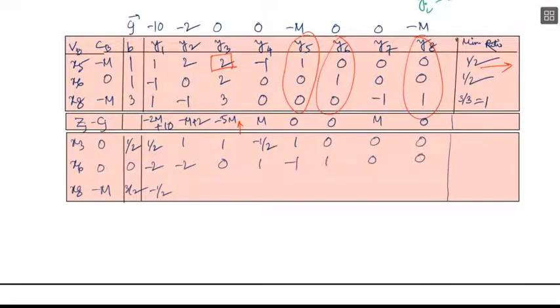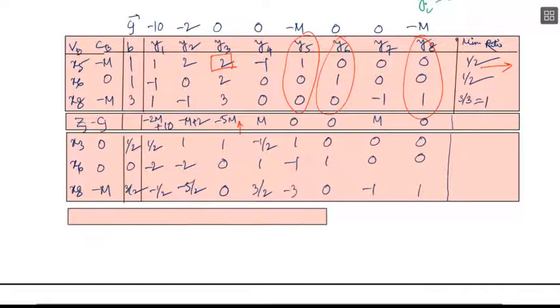One minus 3 by 2 is minus half, yes. Then minus 1 minus 3 by 2 is minus 5 by 2, it is 0, it will be 3 by 2, it will be minus 3, it will be 0, it will be minus 1 and it is 1.